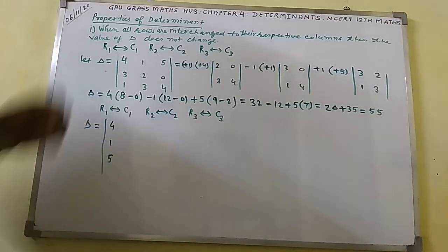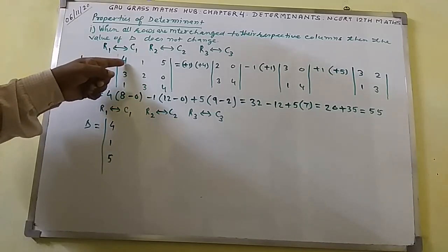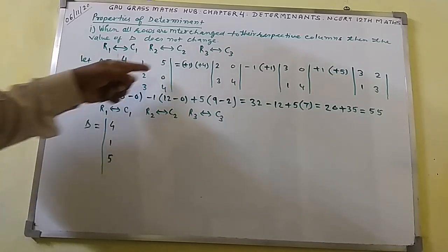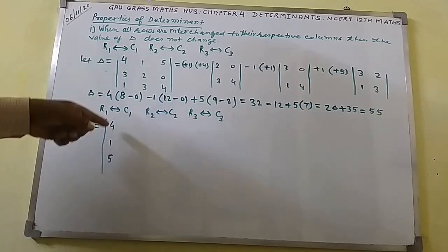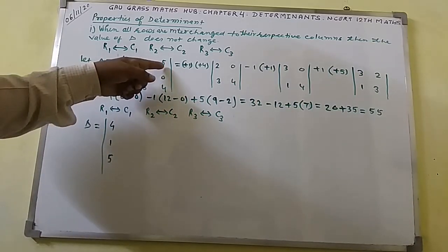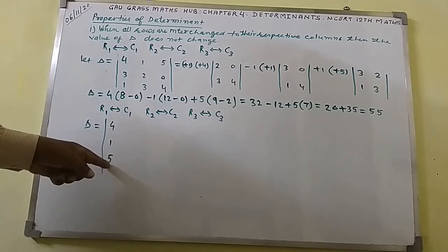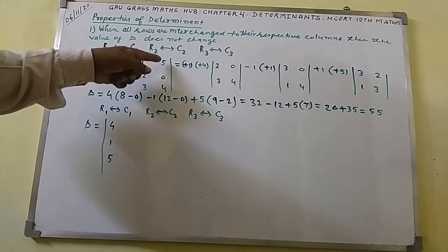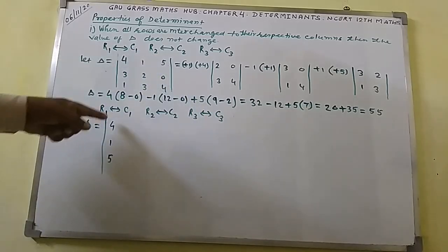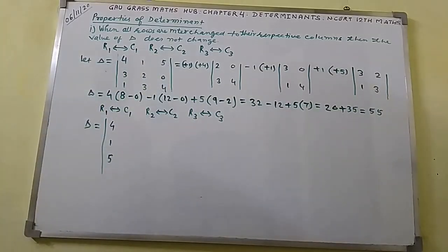R1 interchange to C1, so the first row has been converted into the first column.